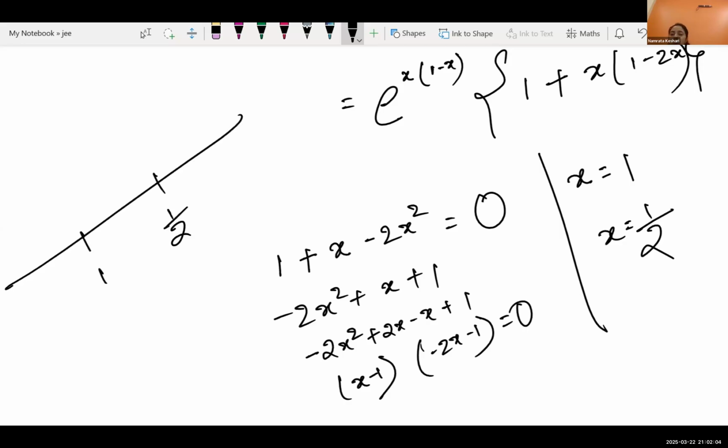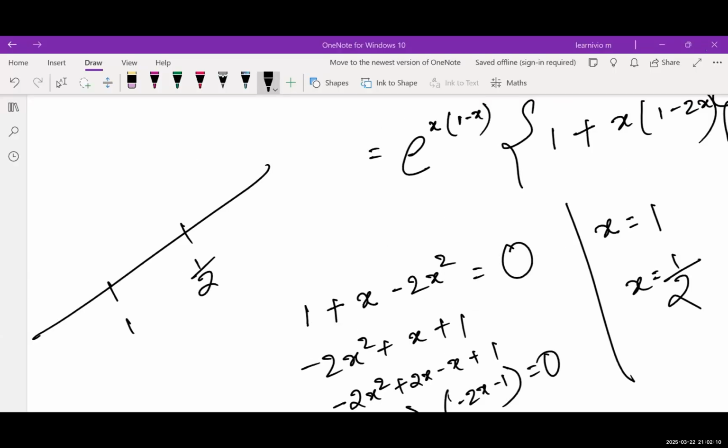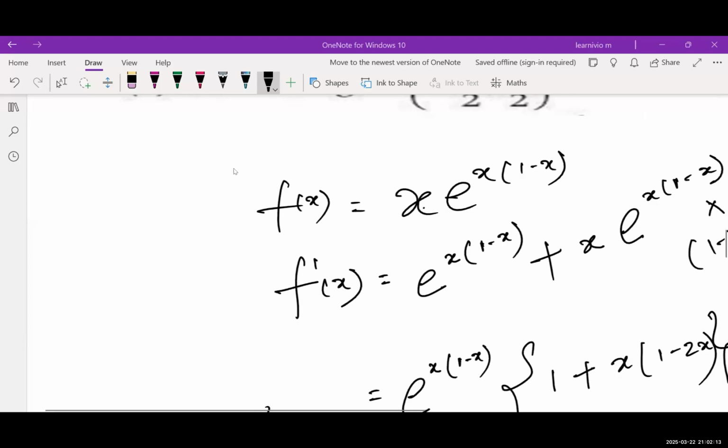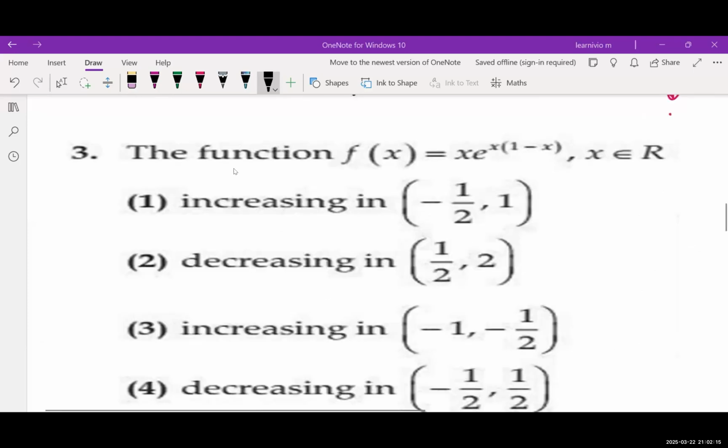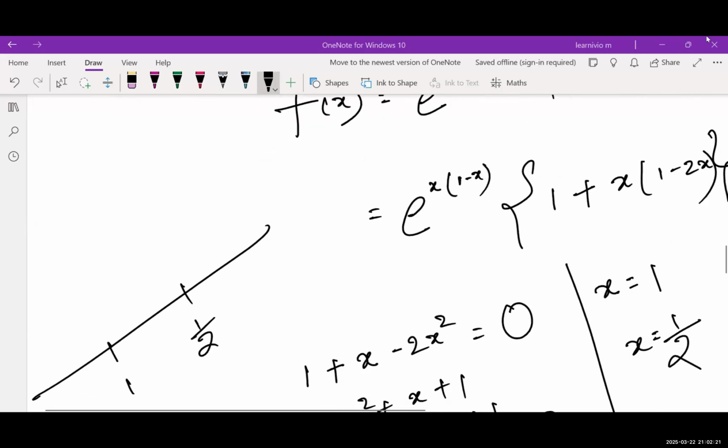Now from here we need to check in which interval the function is increasing and in which it is decreasing. We will be able to check our f dash x.